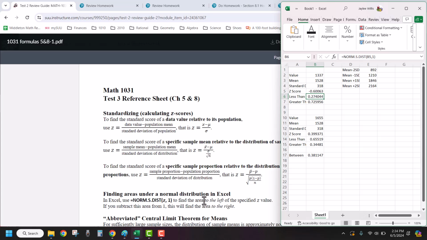And that gives you the area to the left, or the less than percentage, of the specific z value that you have here. And then the greater than value is that number subtracted from 1. So you just take the NORM.S.DIST number and do 100% minus that percentage. So that's how I built my formulas for that particular problem.